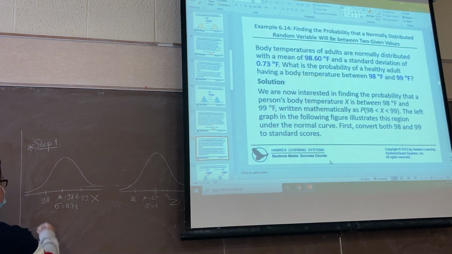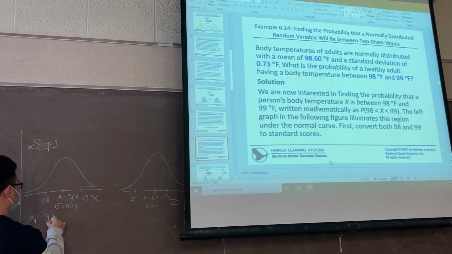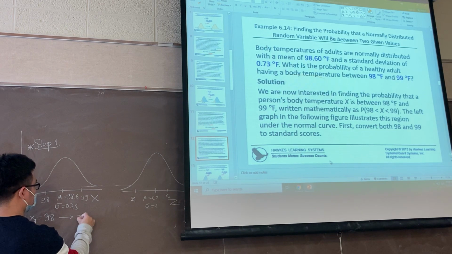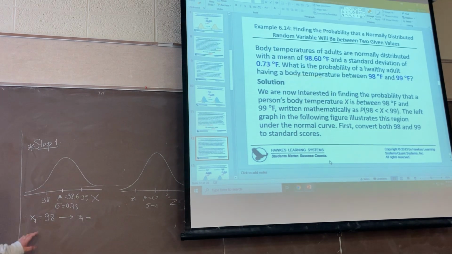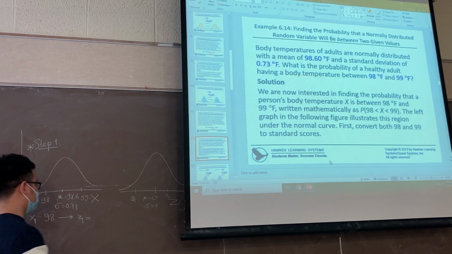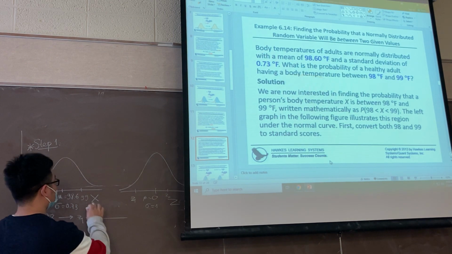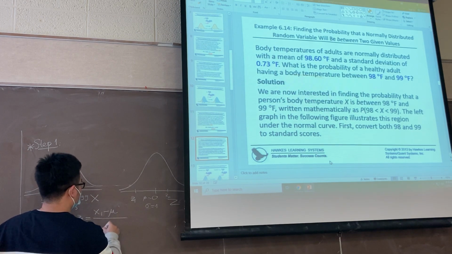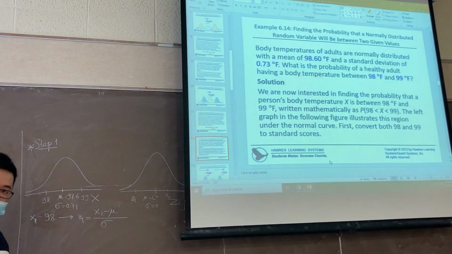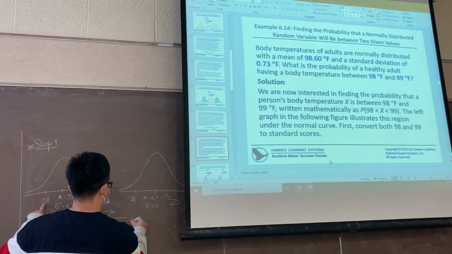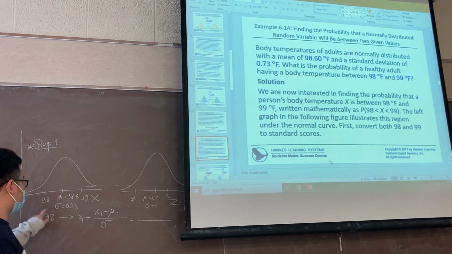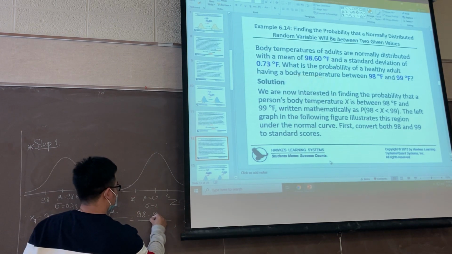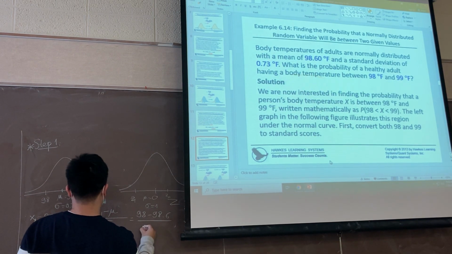We have x1 here is 98, and we need to change it to z1. How to do that? You do the same thing. Use the same formula: z1 equals x1 minus mu over sigma, right? Now you replace x1 with 98, minus the mean, over the sigma.